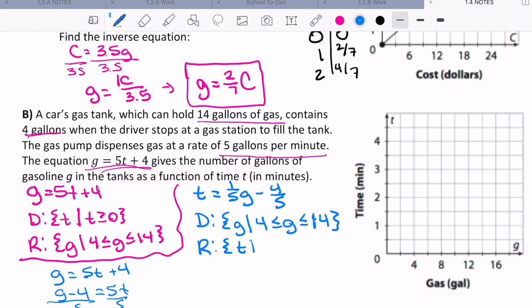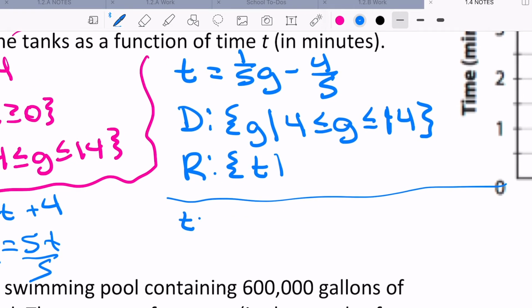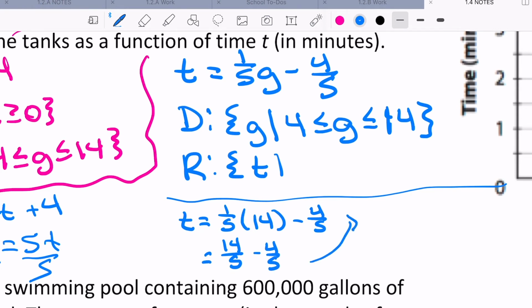Well, how do we find that answer? We plug it in. T equals 1/5 times 14 minus 4/5. 1/5 times 14 is 14/5 minus 4/5, and we get time equals 10/5, which is 2.